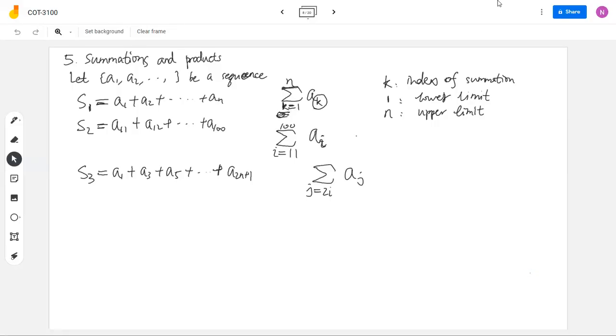So instead, the better way is to write A sub 2J plus 1. Now if I'm summing over A sub 2J plus 1, then I only need to run J from 1 to N.